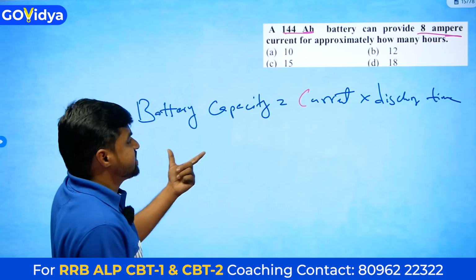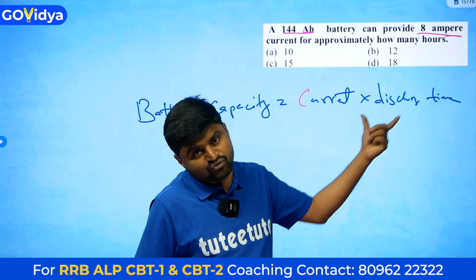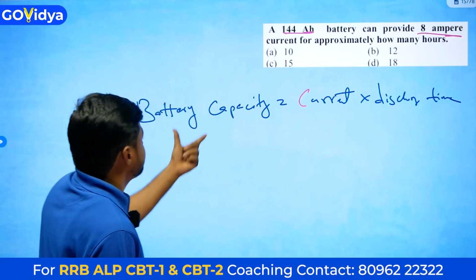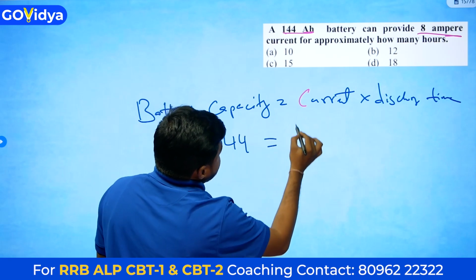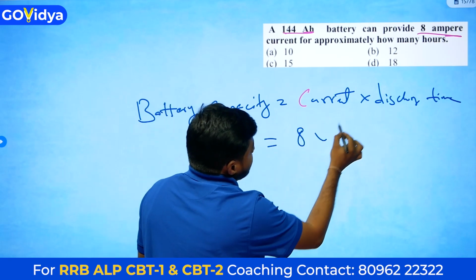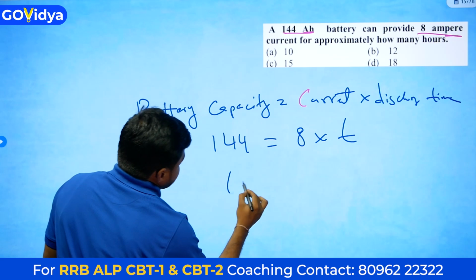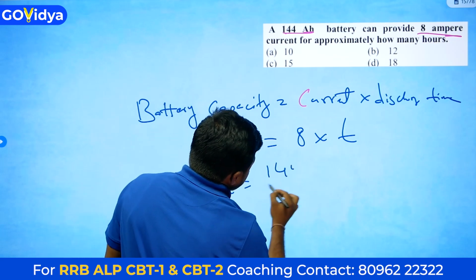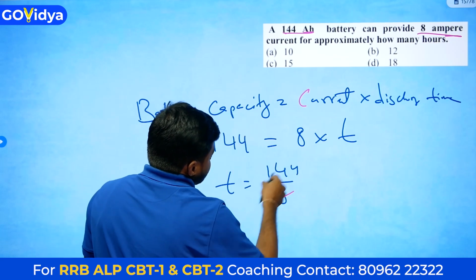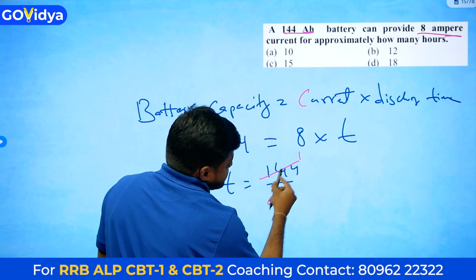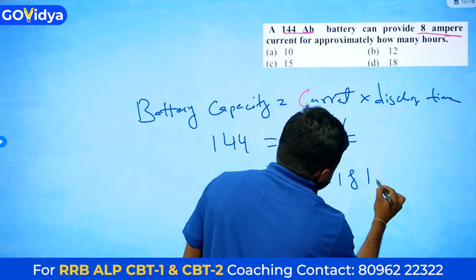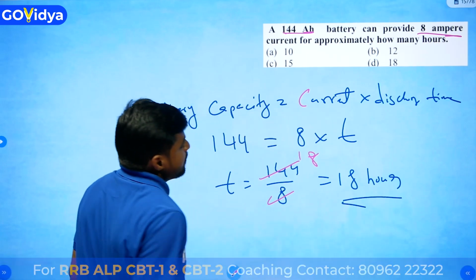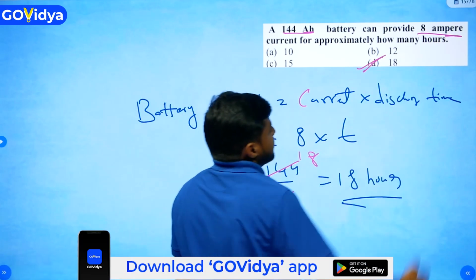Battery capacity is given and current is given. We have to find discharge time. Battery capacity is 144 ampere hour. Current rating is 8. We have to find discharge time T. T is equal to 144 by 8. 8 1 ja 8, 6 remains 64. 8 8 ja 64. T is equal to 18 hours. From the options, option D is the correct answer.